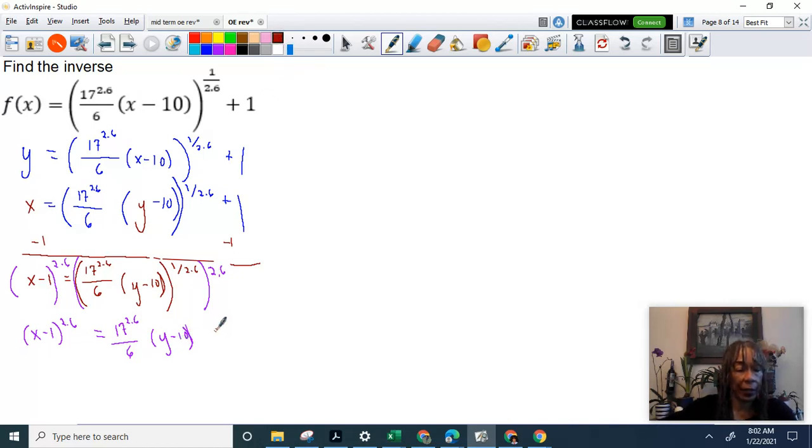So I'm going to do that here. I'm going to multiply by 6 over 17 to the 2.6. No variables, just a number. And I have to do it to both sides. So that goes away, and I'm going to flop sides because 2 plus 3 equals 3 plus 2, so not a big deal.